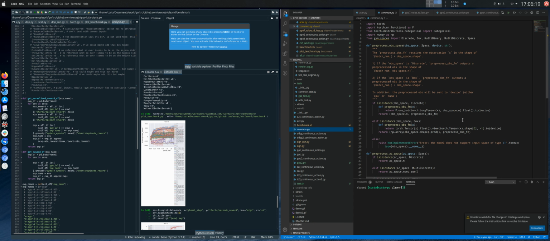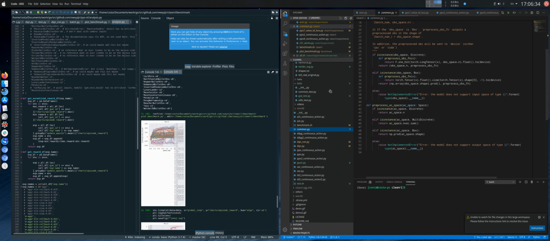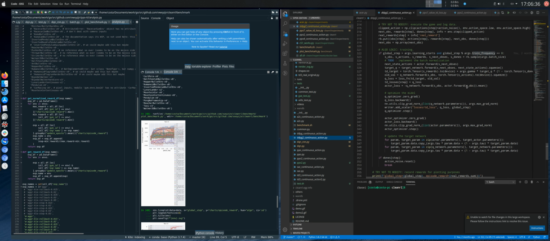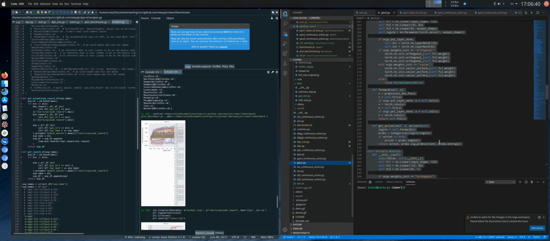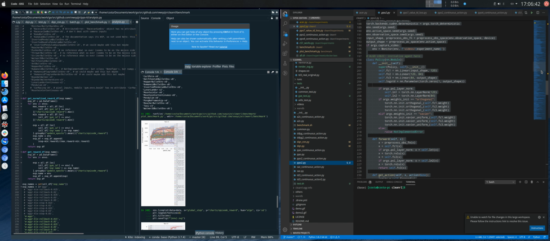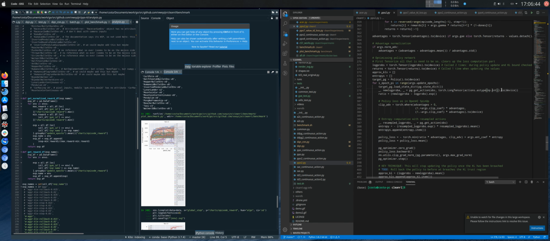Also, it might be useful to add a wrapper to convert everything coming out of the environment to be a torch tensor, and everything going into the environment from torch into numpy, so that in every script we don't have to use this to device anymore, because sometimes that can be annoying to deal with.